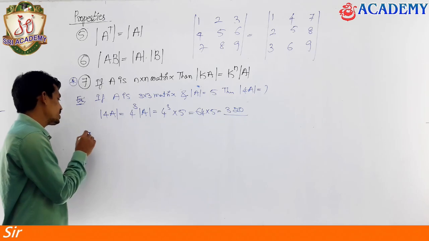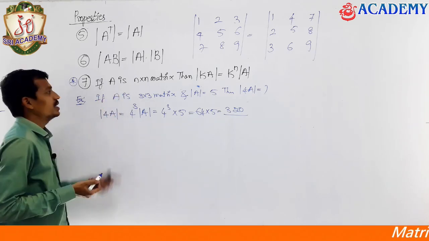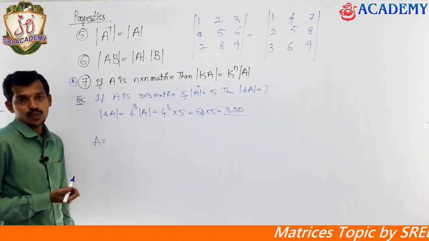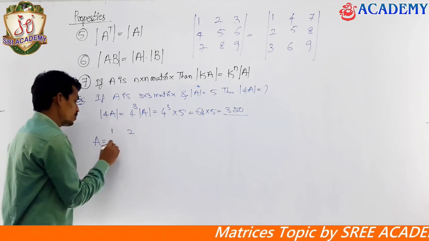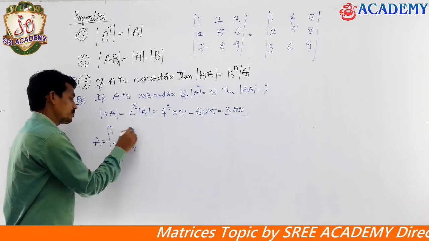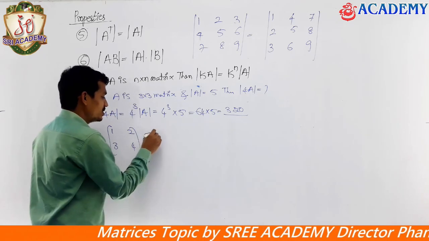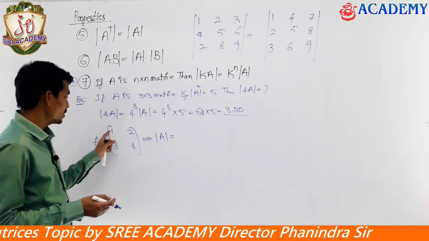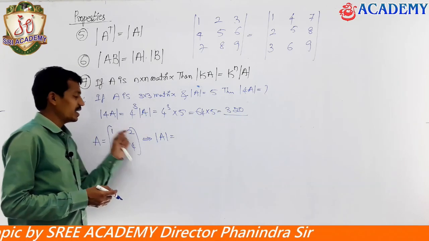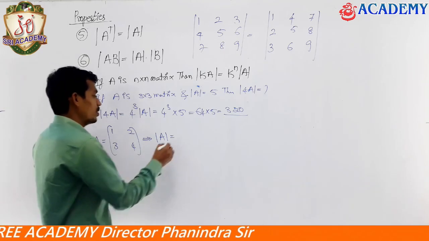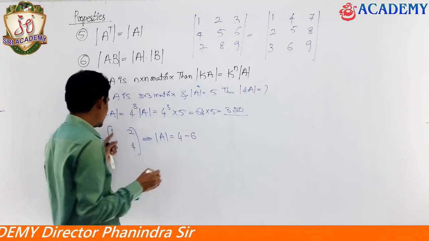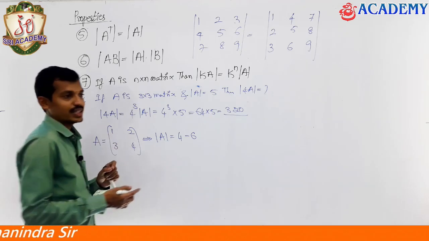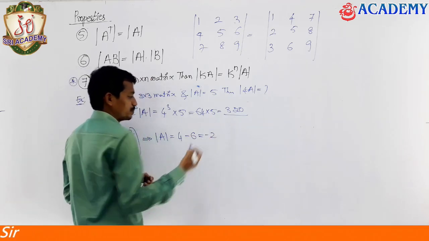Let me take an example to explain this determinant property. Suppose A equals 1 2 3 4. What is the determinant of A? That is 4 minus 6, that is AD minus BC, which is minus 2.